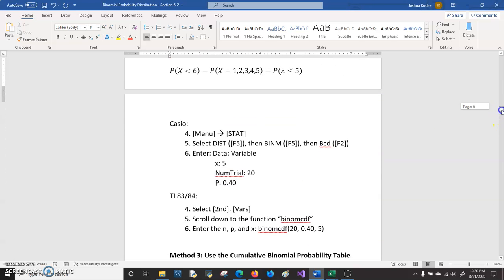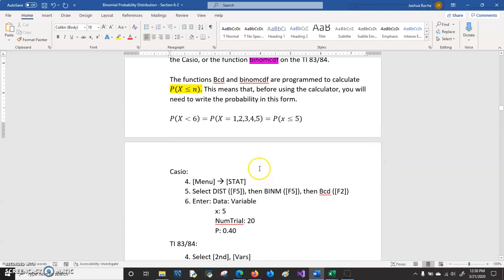So once you have it in that form, on the Casio calculator, here are the steps, but keep in mind that for the x, you're putting in 5. You're using whatever number this came out to be when you rewrote it in that way. So this has to be a 5.